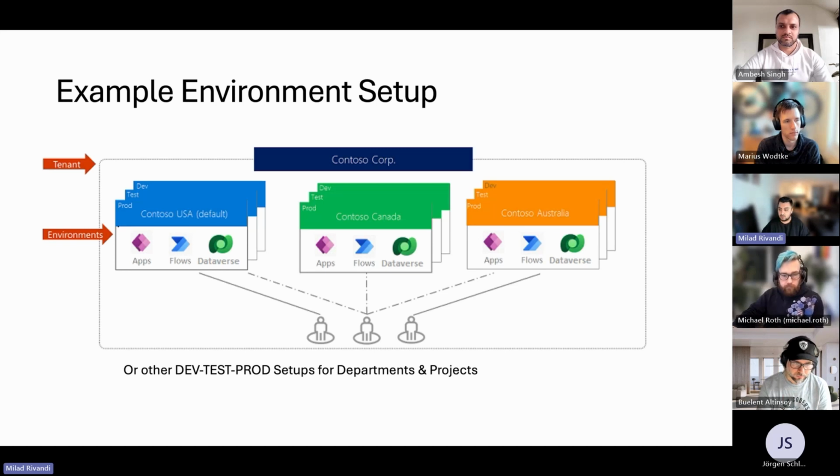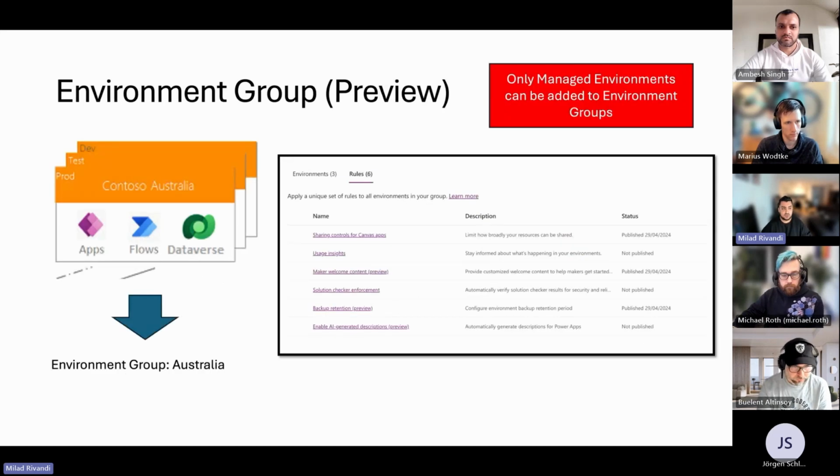Nevertheless, at the end, under one tenant, you have several dev test prod environments for the Power Platform. With the feature of environment groups, you can put them into one group and have the same settings applied to all three, for example.